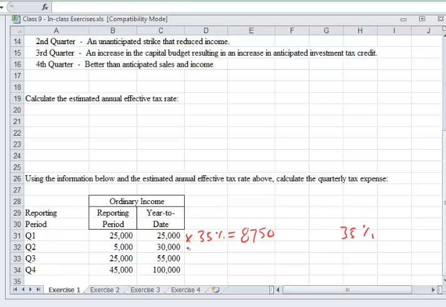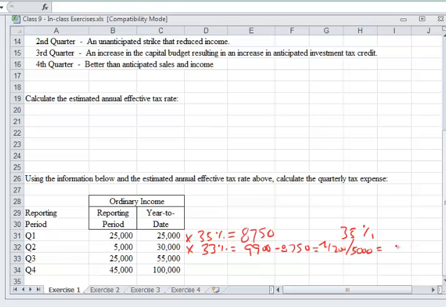So in Q2, we're going to take our year-to-date of 30 times our rate of 33%. So that's going to be 9,900. We already booked 87.50. So our provision for the quarter is going to be like 1,200-ish, in rounded numbers. Divided by 5,000, what's my rate for the quarter looking like?